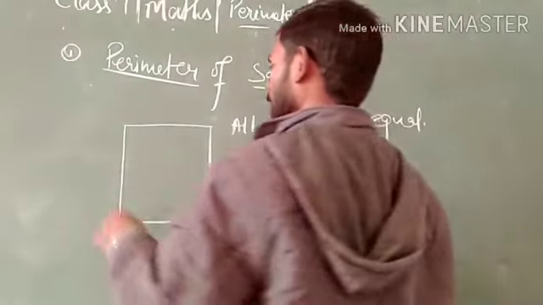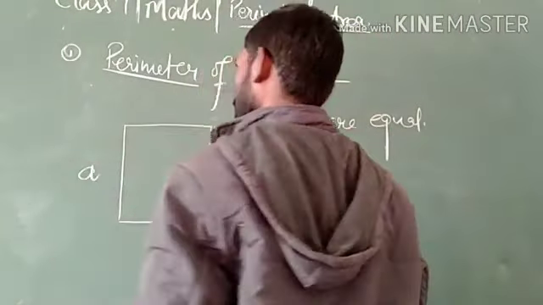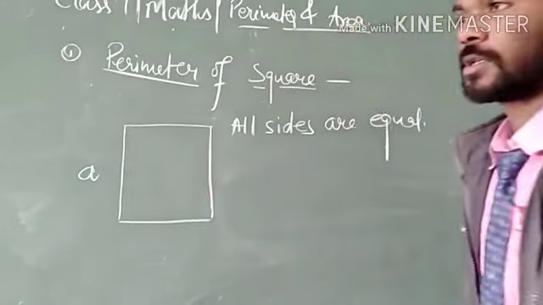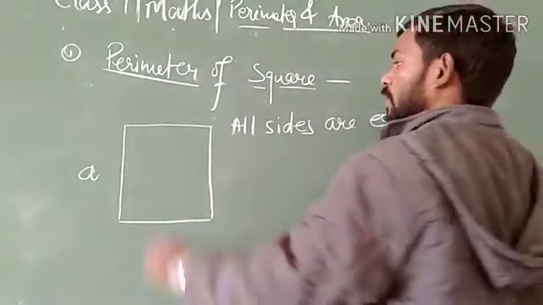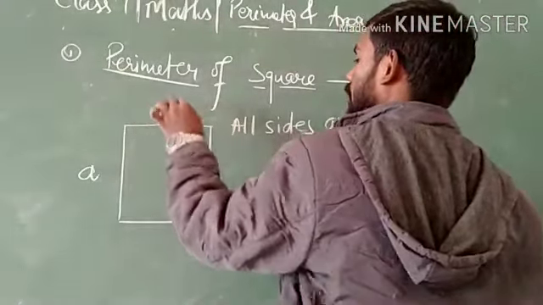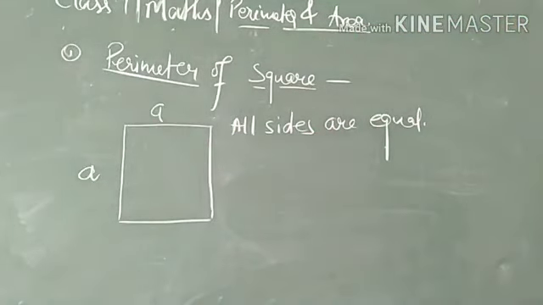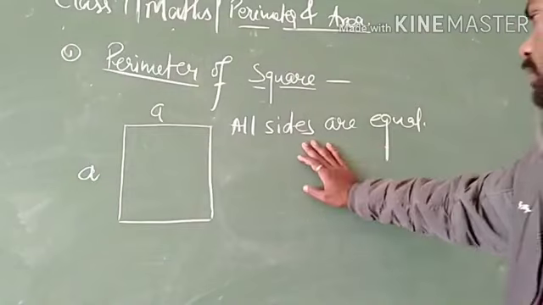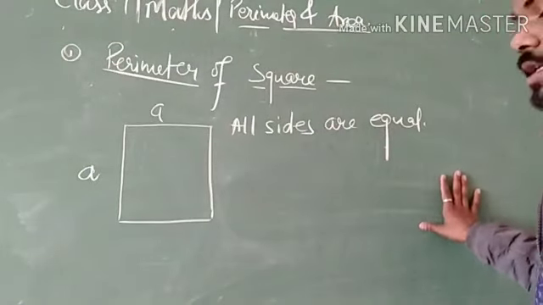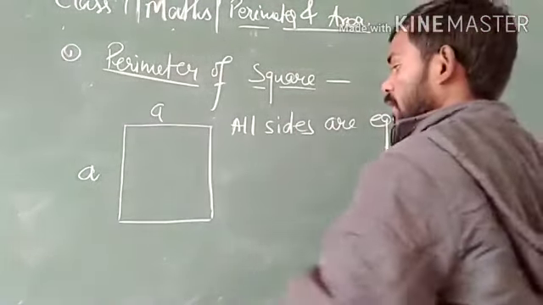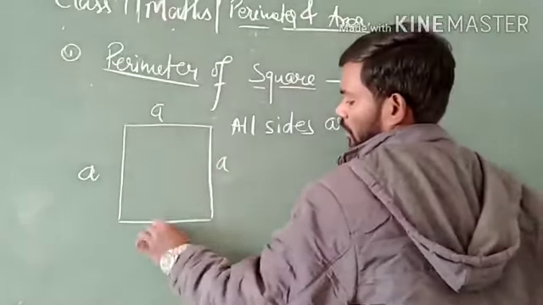If I say that its length is a centimeter, then it is obvious its width is also a centimeter, and as written here, all its sides are equal, which means this will also be a and this is also a.